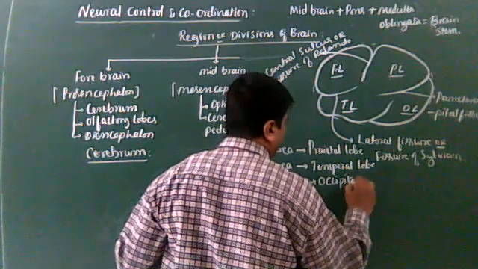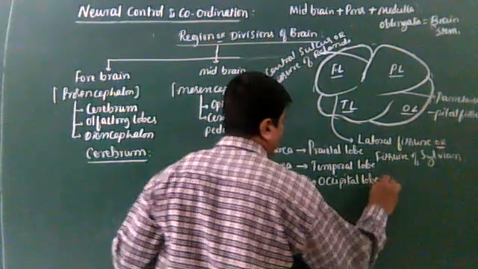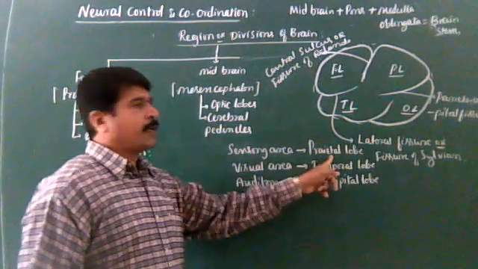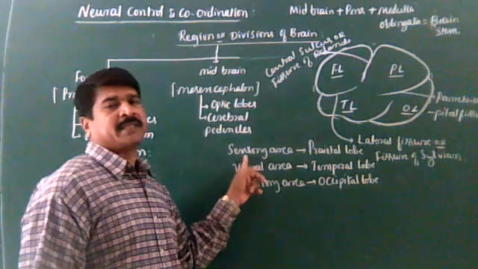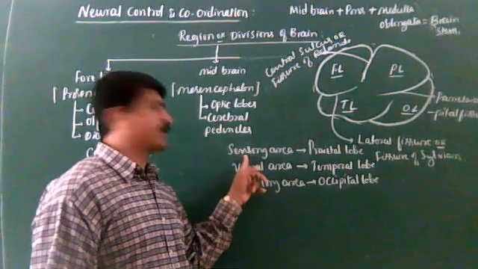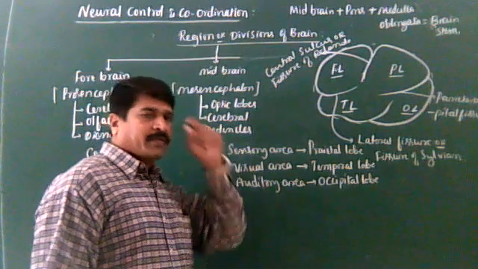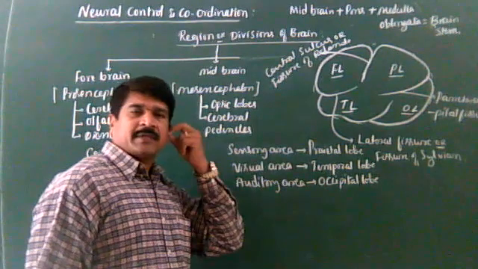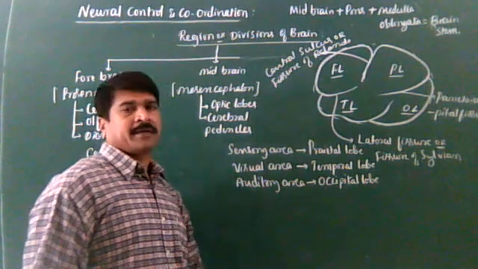Visual area is concerned with the vision, present in the temporal lobe. Auditory area is concerned with the sound impulses, present in the occipital lobe.